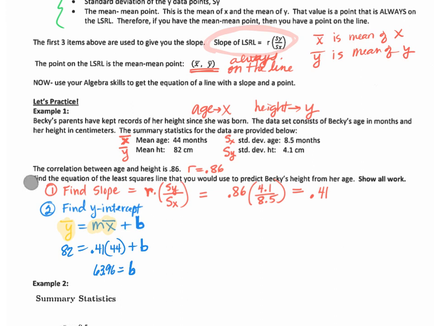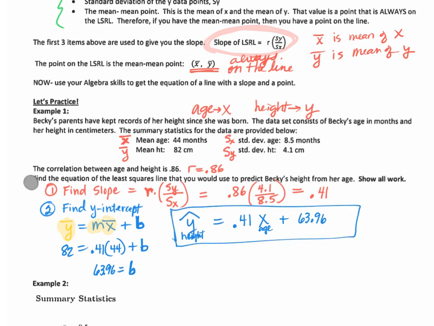So, in summary, my equation, my predicted y, or I could say the predicted height, is m, which is 0.41, times x, which is age, plus b, 63.96. All right, so that then is the prediction equation. So we could then use that to make a prediction of her height at a particular age.